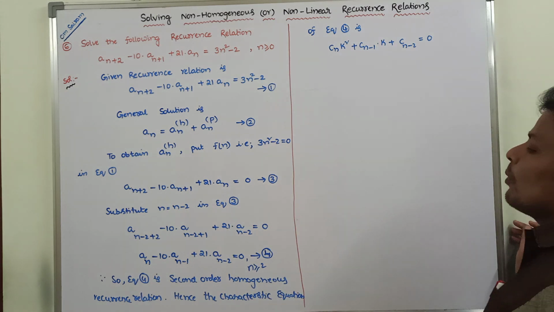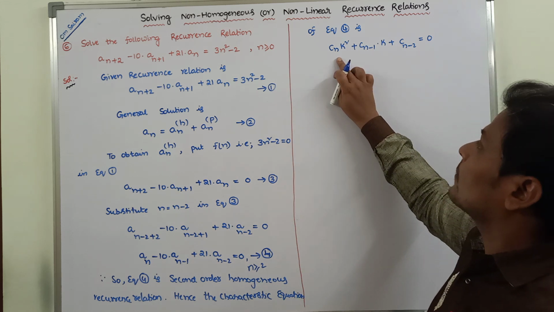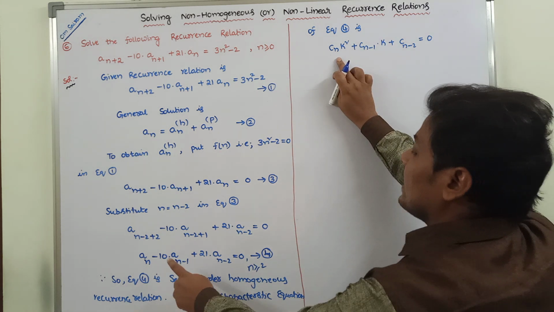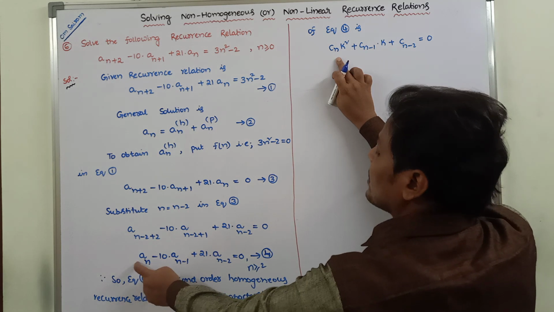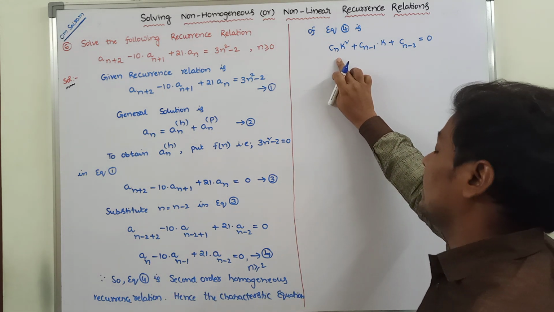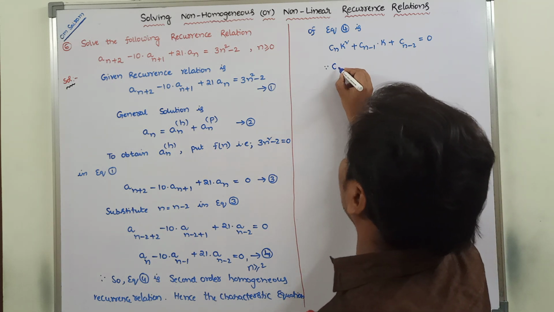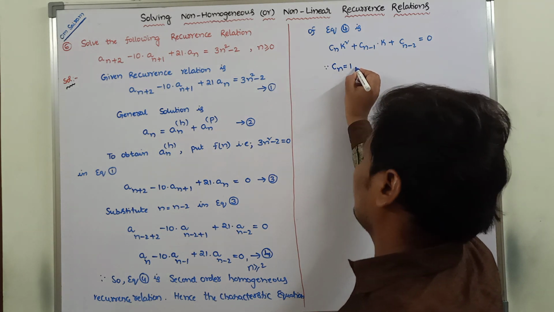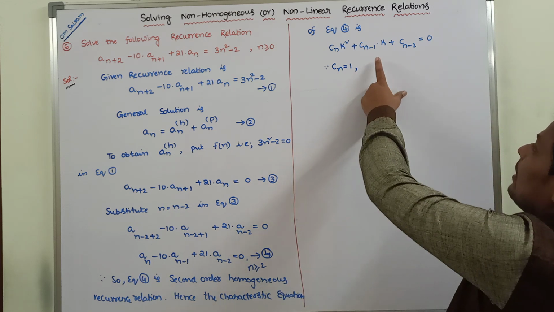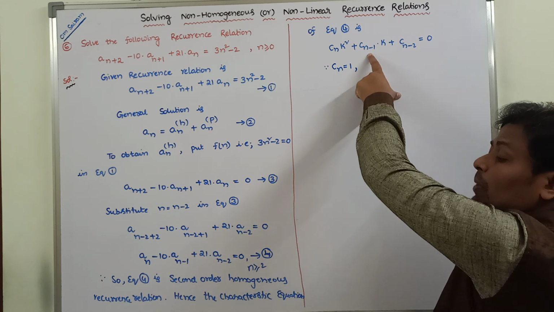Now what are the coefficients? C suffix n is the coefficient of A suffix n in equation 4, so C suffix n is equal to 1. What is the value of C suffix n minus 1?